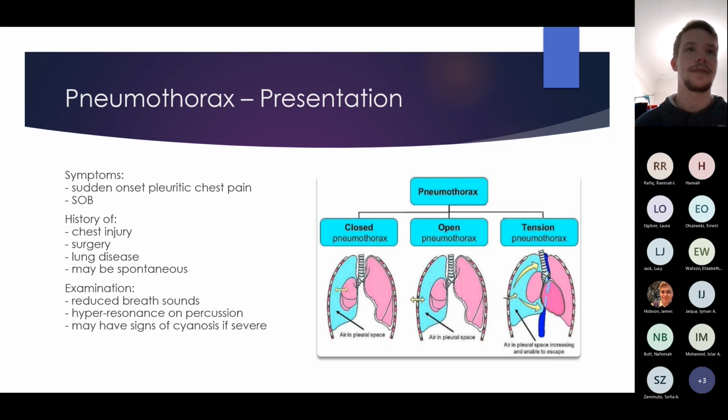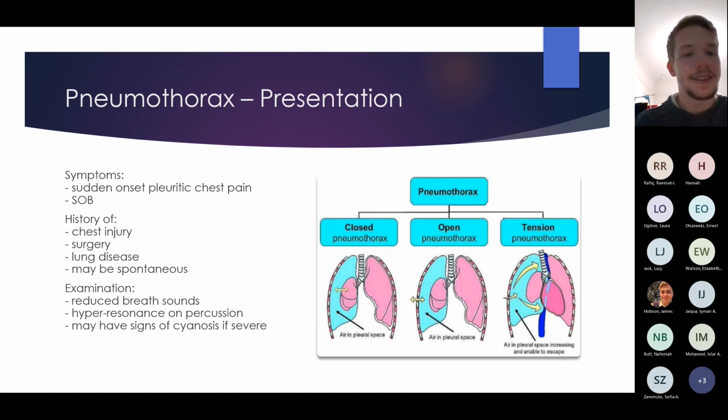And the main group of people that it happens with is normally quite young, tall males. They can often present with spontaneous pneumothoraxes.